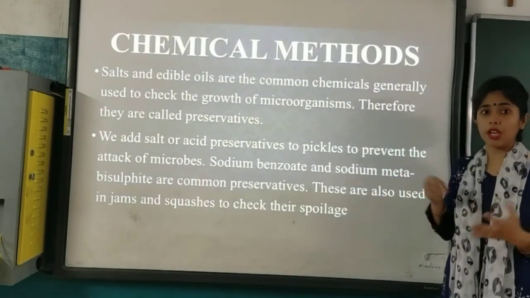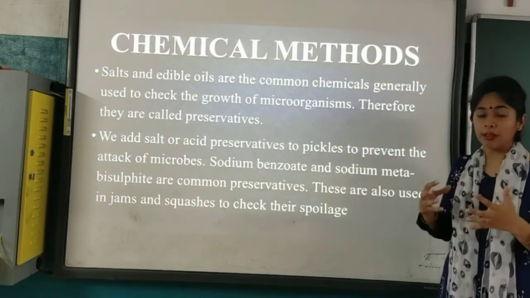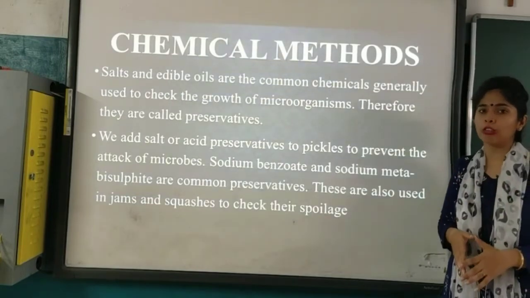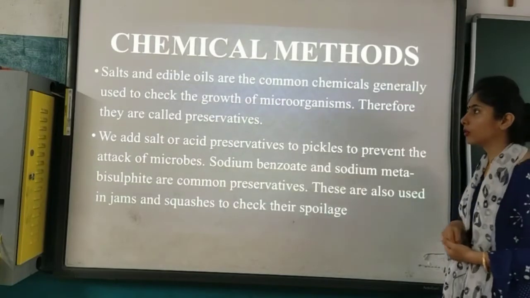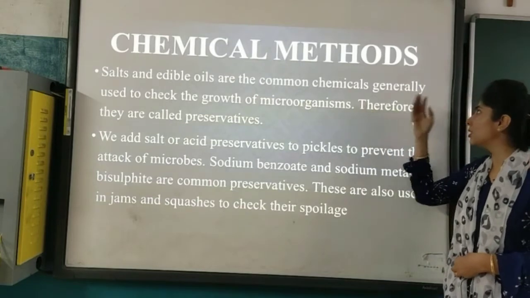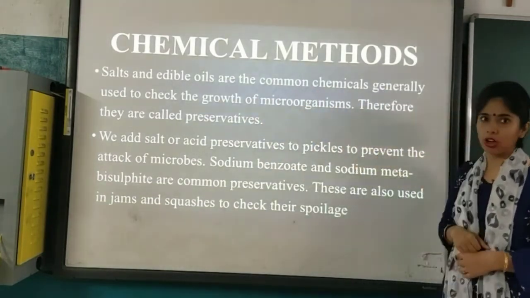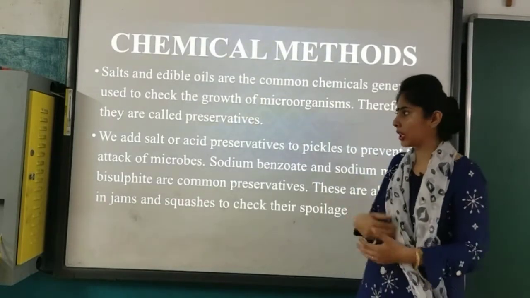So if we add edible oil as well as salt in the food, it will not allow the microorganisms to grow in that food. Salts and edible oils are the common chemicals generally used to check the growth of the microorganisms. Therefore, they are called preservatives.